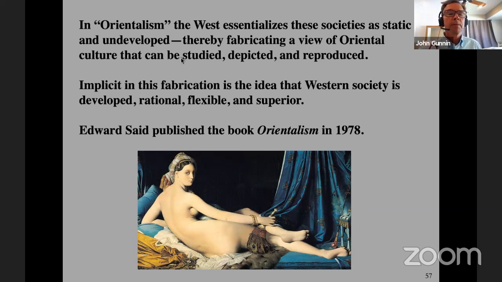It's a little bit about explaining what Orientalism is. And once again, we're dealing with stereotypes here.